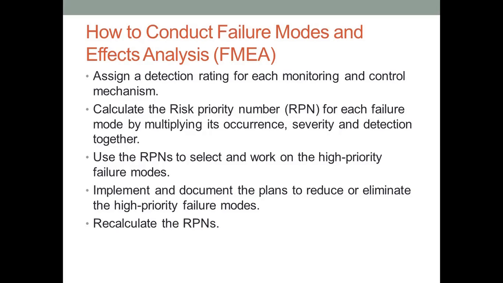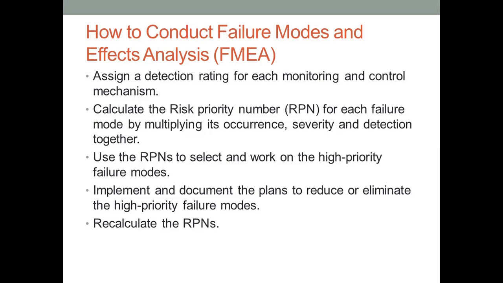So calculate the risk priority number for each failure mode by multiplying the occurrence, severity, and detection together. So if probability, for example, of one server going down is 4 and severity is, let's say, 3, and then detection is 1, that means 4 times 3 times 1, that will be 12.